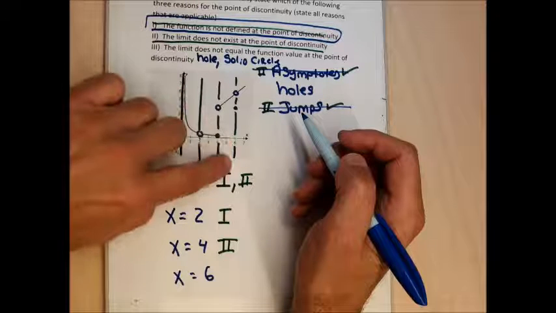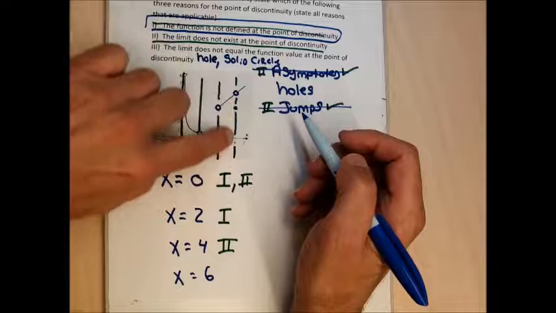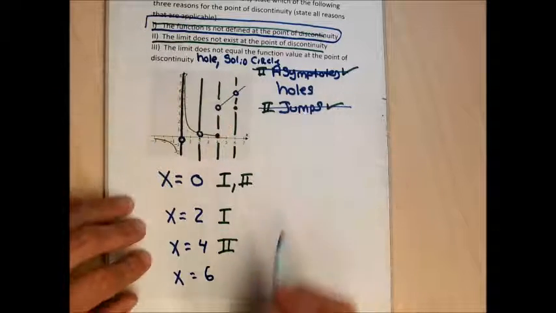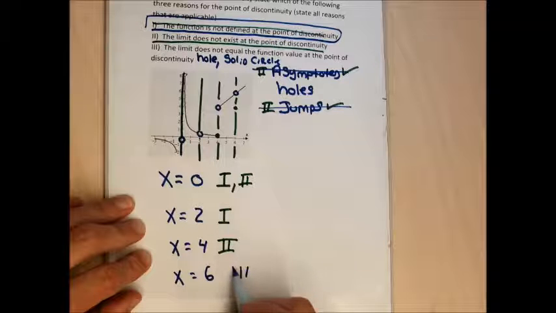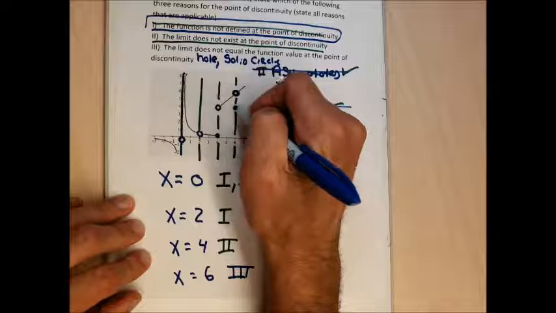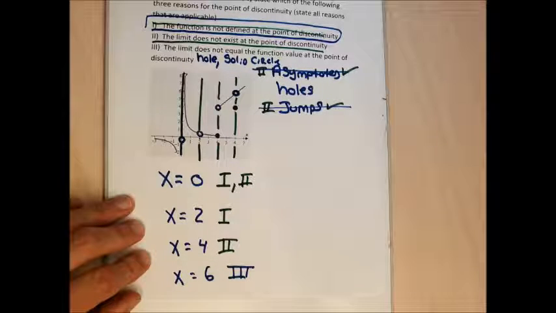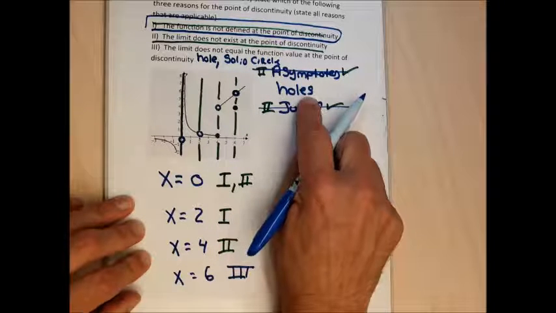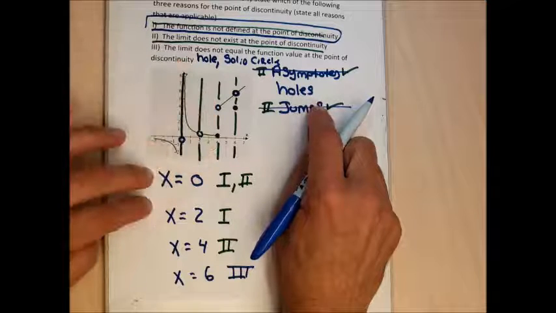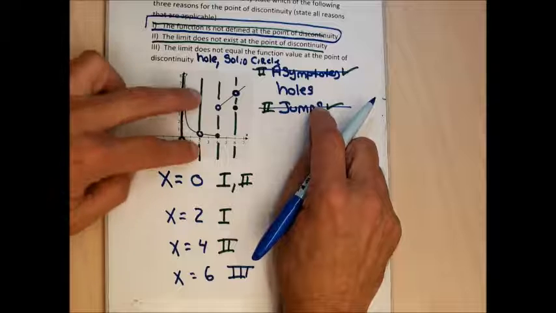But for problem 6, or x equal to 6, there's a hole, and underneath the hole there's a solid circle. That's what reason 3 is. Reason 3 pictorially is a combination of having a hole capped with a solid circle under it. Reason 2 is having either an asymptote or a jump. Reason 1 is having an asymptote or an unplugged hole.